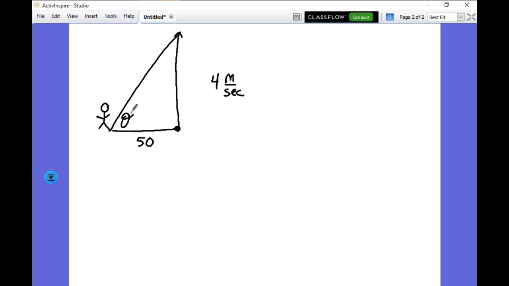So we do have a changing value. The 50 is not changing, so I'm going to put 50 there. But the height of the balloon is changing, so I'm going to put an h there. All right, and what this piece here represents is the rate of change of the height, right? It's positive because the balloon is going up in the air. There's my balloon. All right. So what am I trying to find?